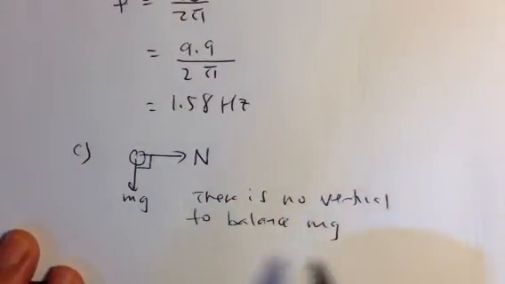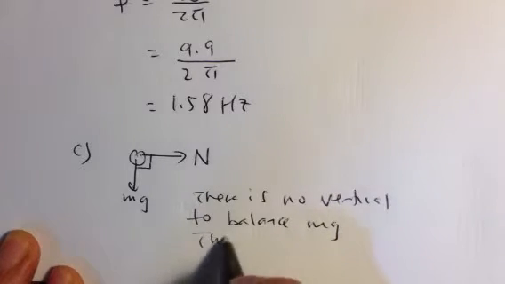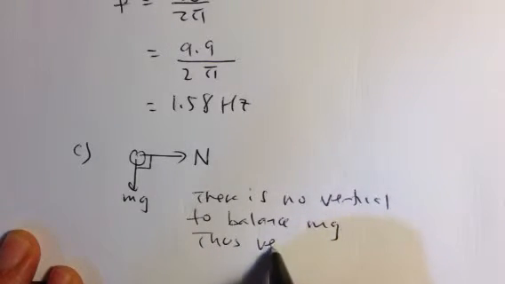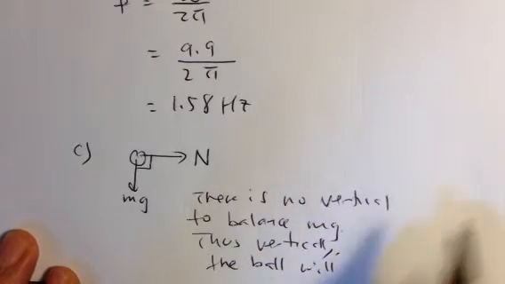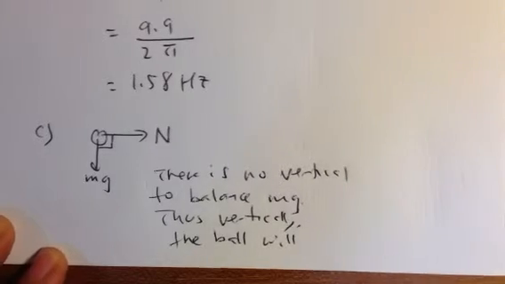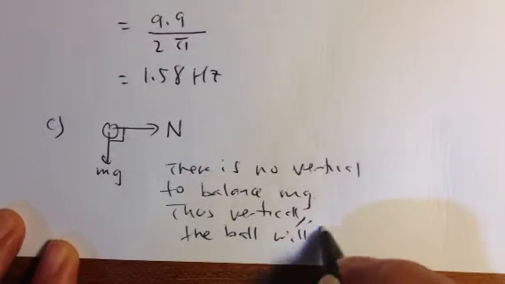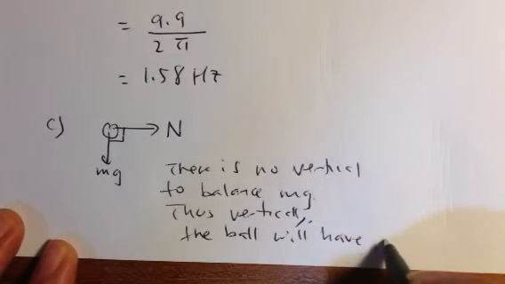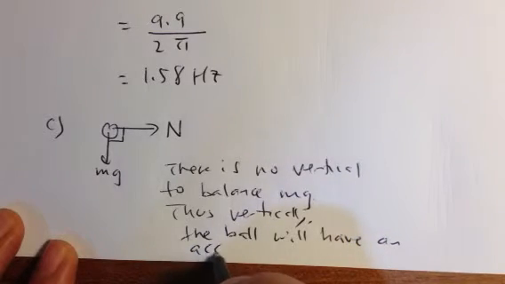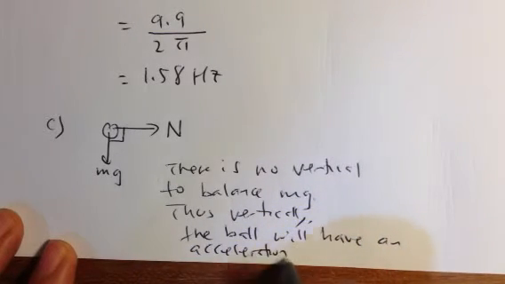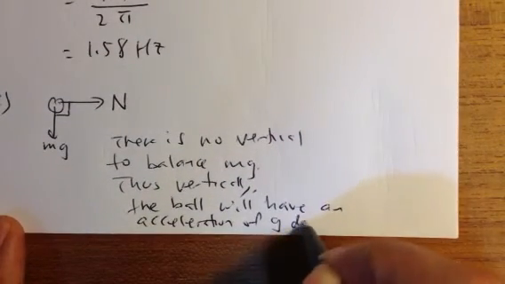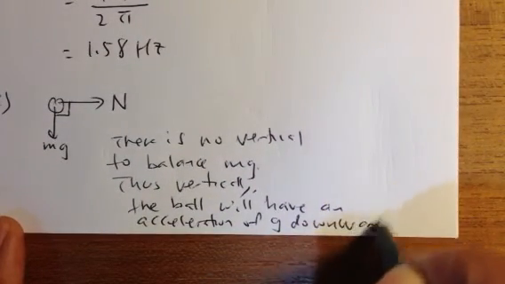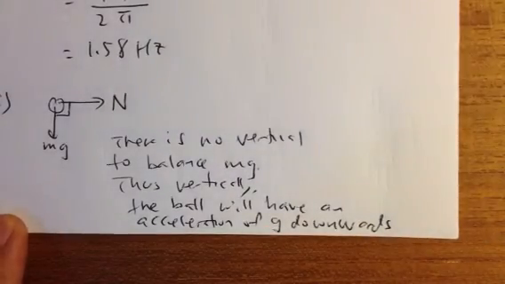Without a force to balance mg, vertically the ball will have an acceleration of g downwards. So it can't stay there. So that's the answer.